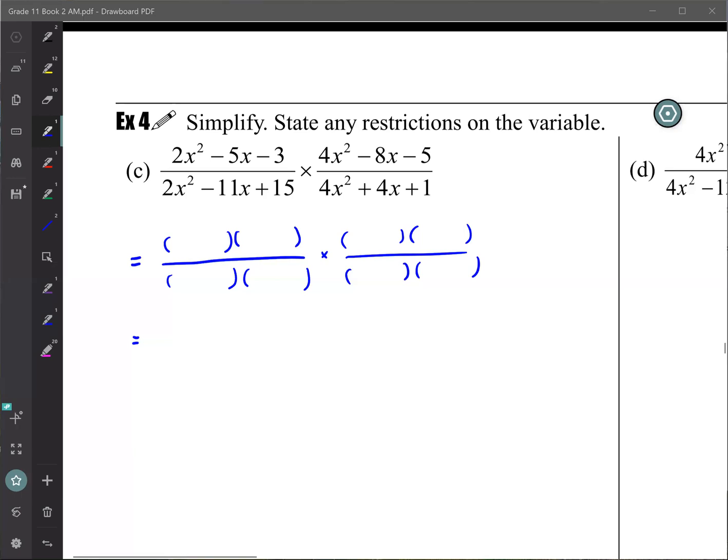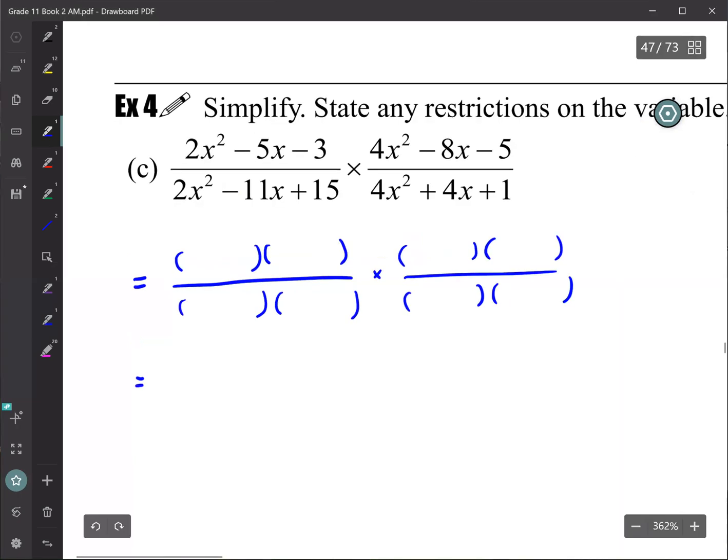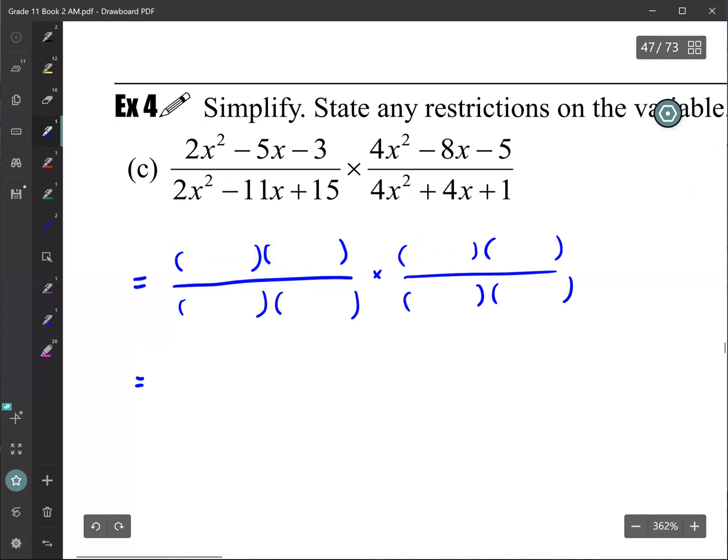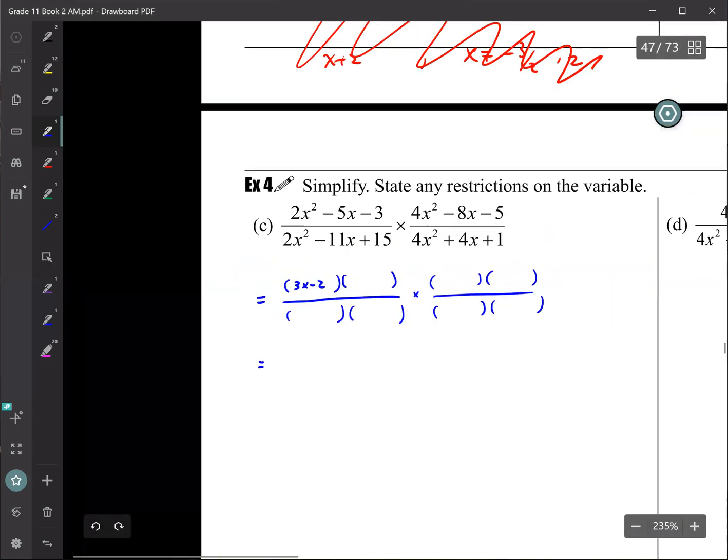We'll check one of them first. Aaron, for the first fraction numerator, what's one of the factors? 3x subtract 2. Oh, wait, no, never mind.